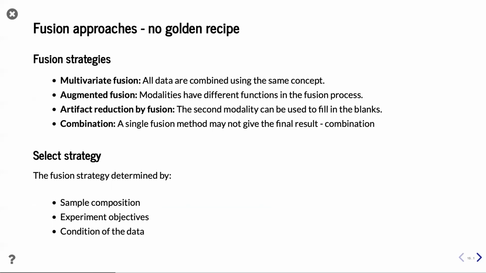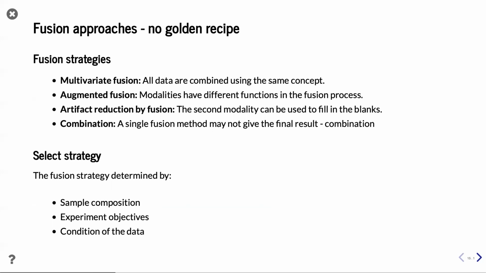Of course, you can match everything in a single combination of everything. That is also possible, because it may not be sufficient to only use, for example, multivariate fusion, because it doesn't give you all the answers. Maybe you have to do some augmentation fusion too.